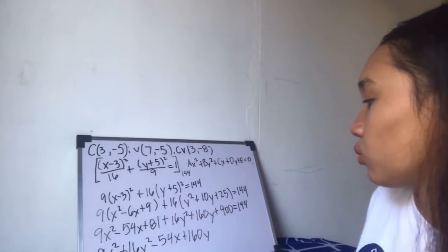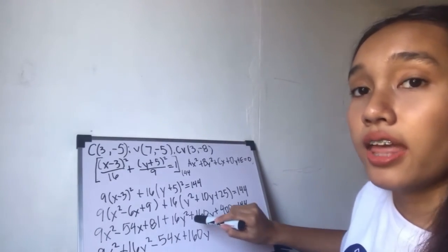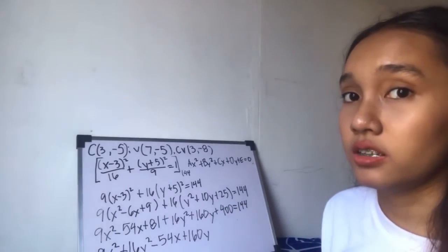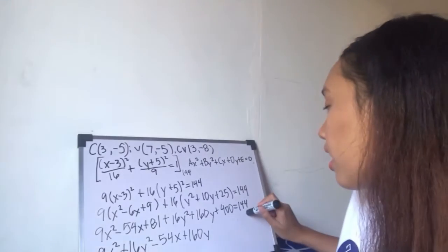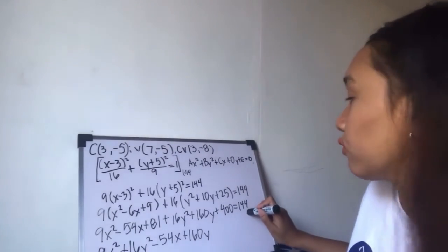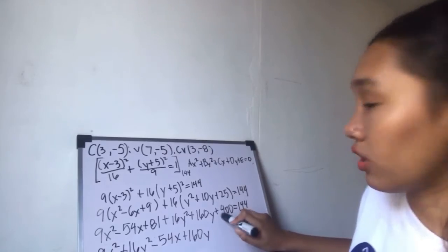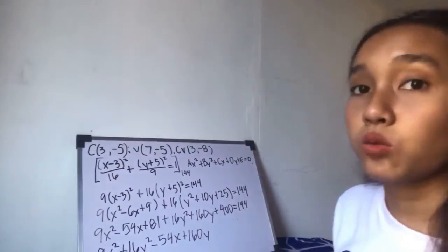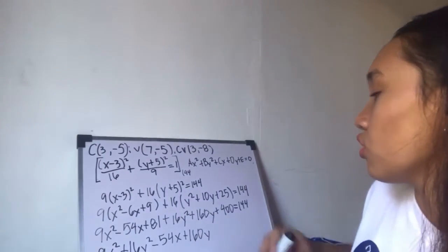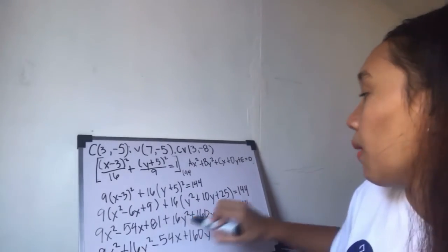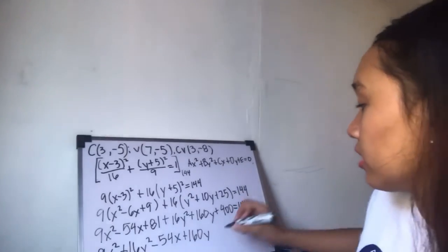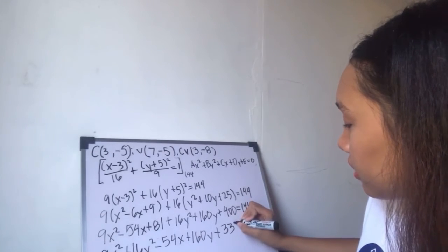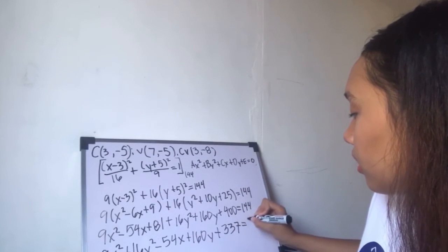Then we are going to add the 481. 400 plus 81 is 481. And we're going to move the 144 inside the equation to make it 0, and that will be negative 144. So 481 minus 144 is equal to 337, equals 0.